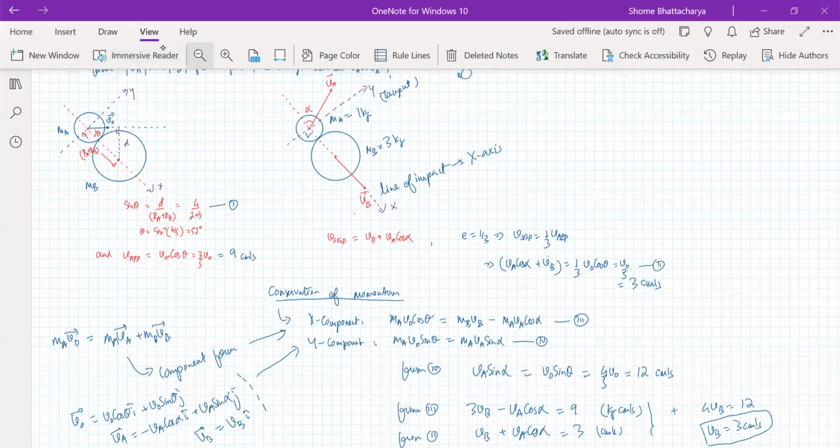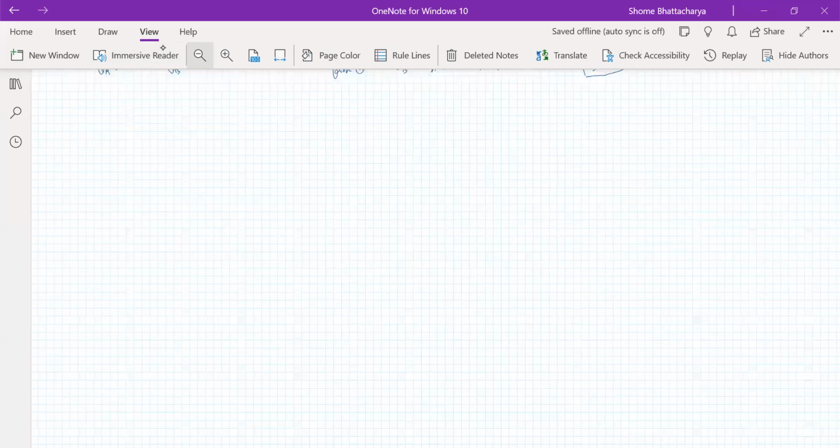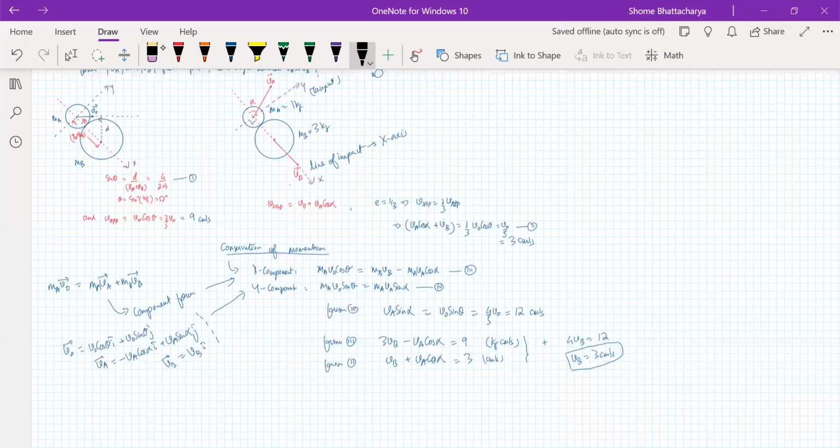Okay, so now substituting this back in equation 2, for example, we can see that VA cos alpha is becoming 0. So that means now VA sin alpha was 12 and VA cos alpha is 0. That means VA itself is 12 and alpha is 90 degrees.